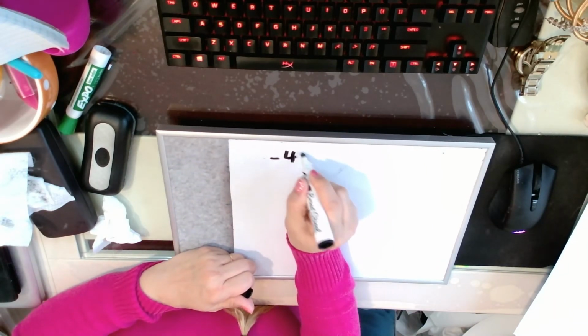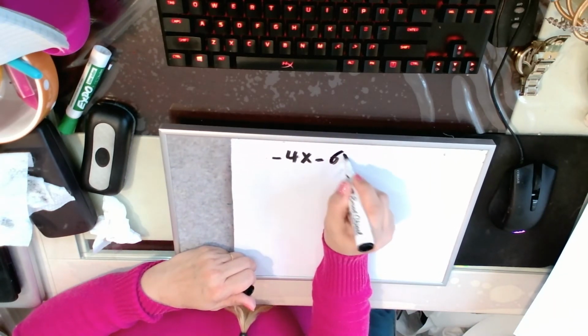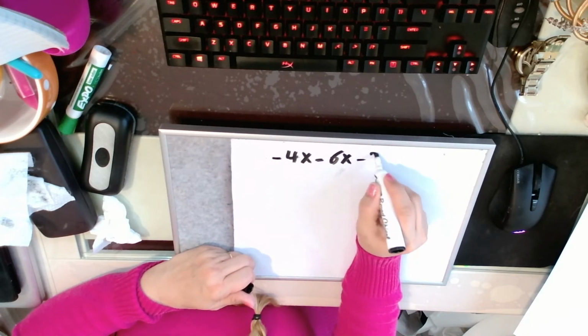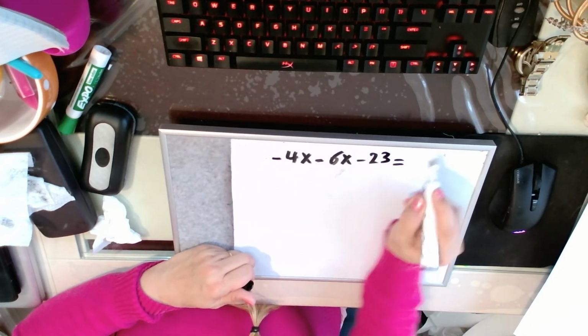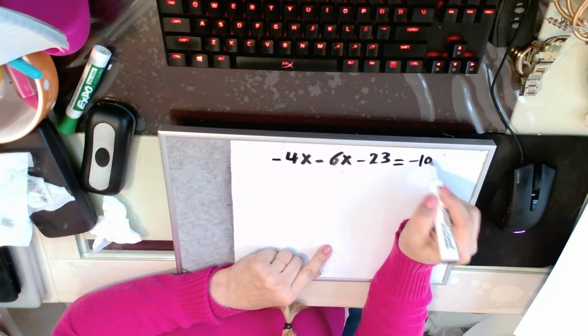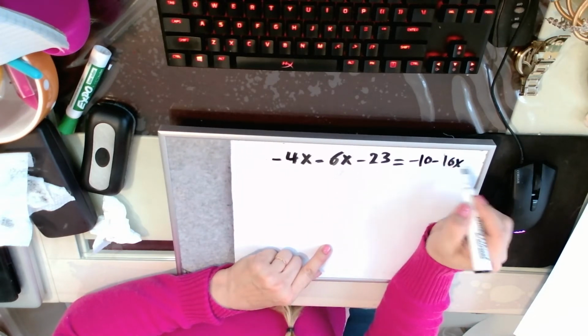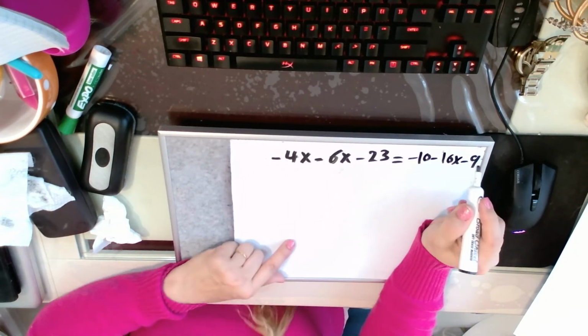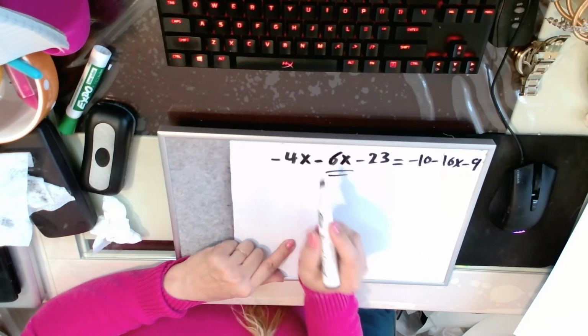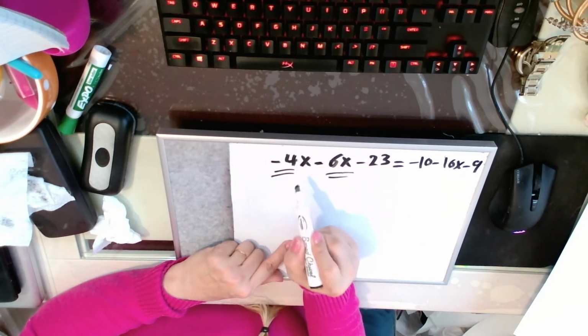Minus 4x minus 6x minus 23 equals minus 10 minus 10x minus 9. So did you see here minus 6x minus 4x?